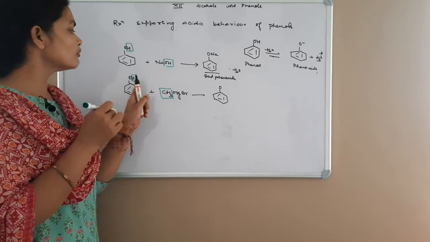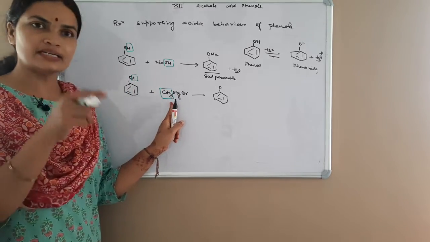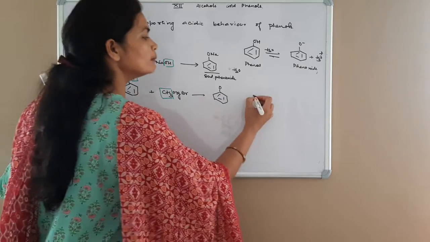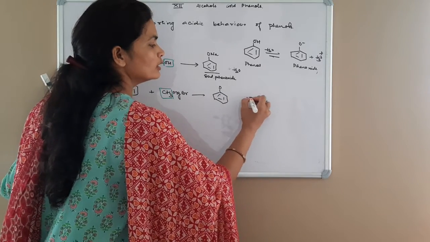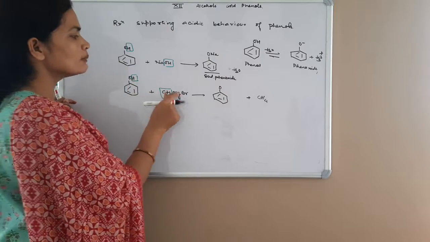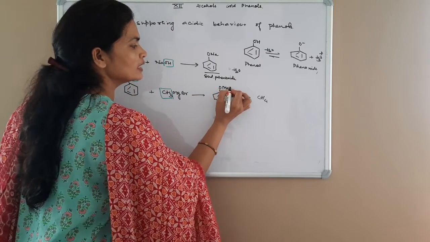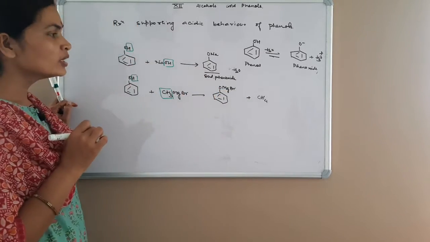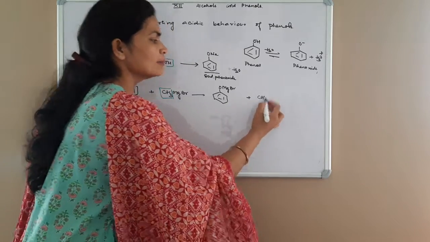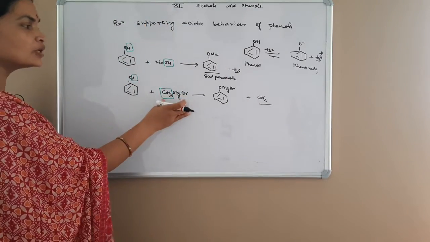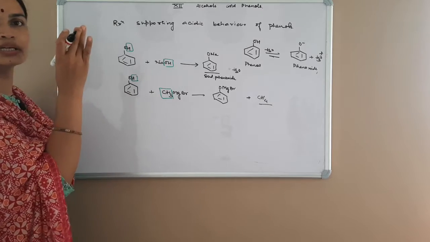This goes in the form of H positive and this methyl has acquired delta negative charge. They both combine and they form CH4 plus O. Oxygen combines with magnesium MgBr, right beta? So this is the gas which was liberated when this particular Grignard reagent combines with phenol.